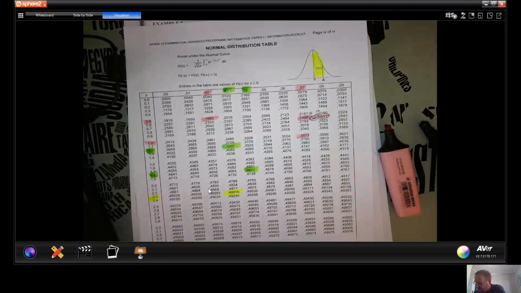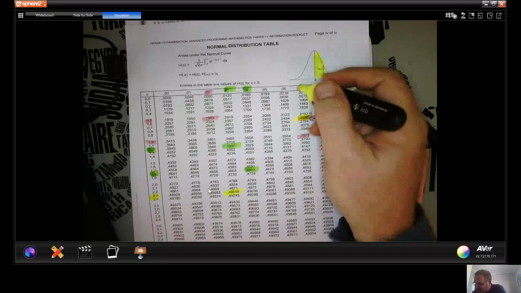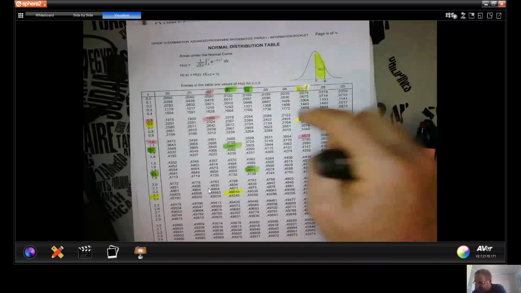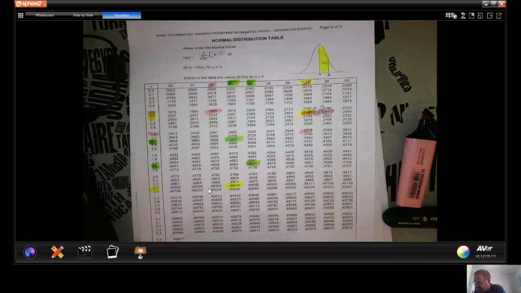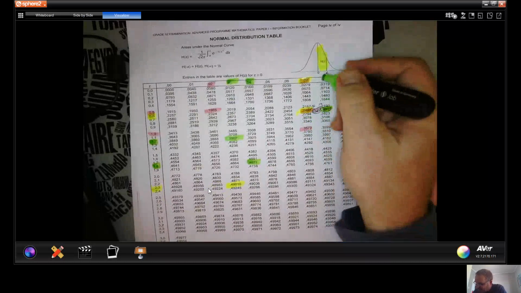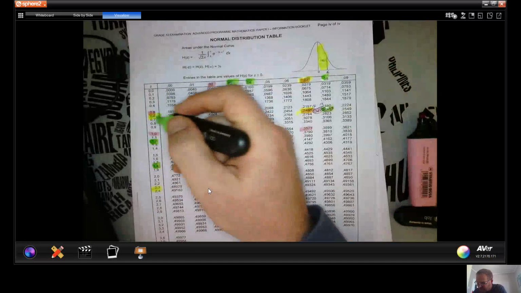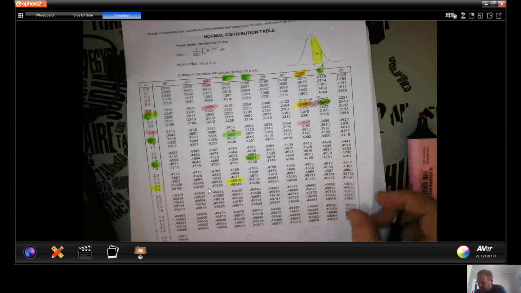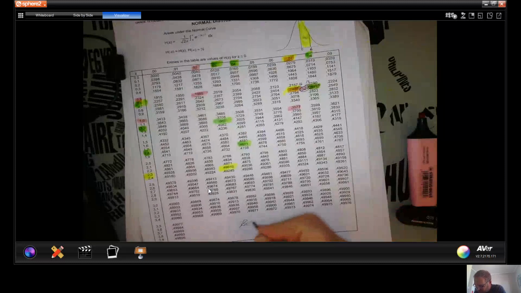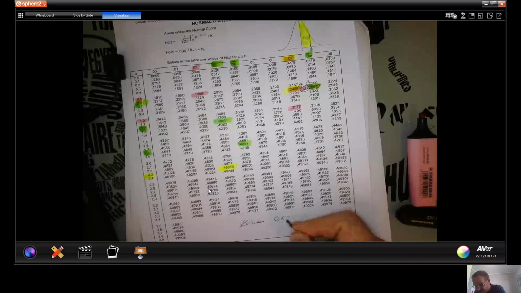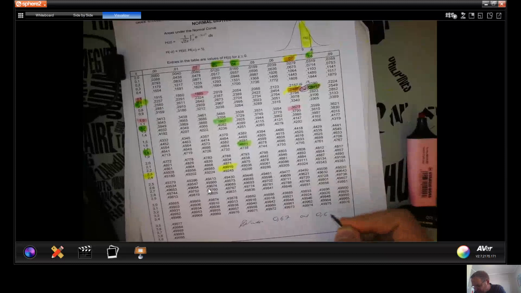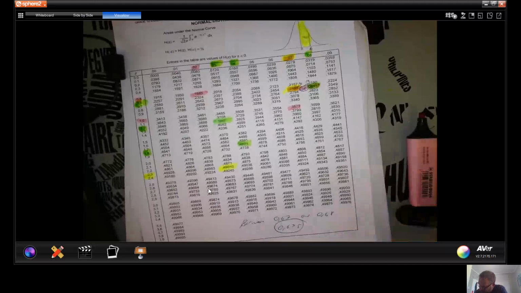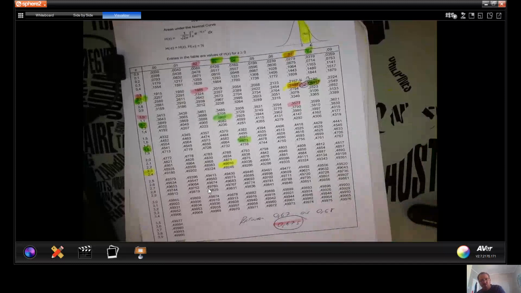Well, we say, okay, this score over here goes with 0.67, and this score over here goes with 0.68, so it's halfway between. What's halfway between 0.67 and 0.68? Well, it's going to be 0.675. So that's what I'm going to use as my Z score, 0.675.